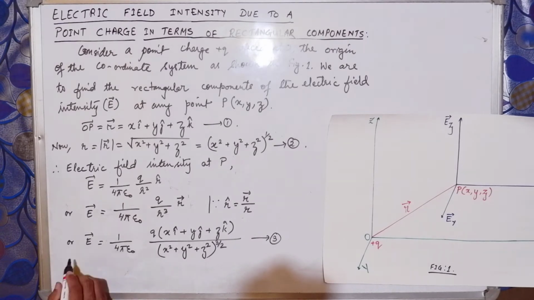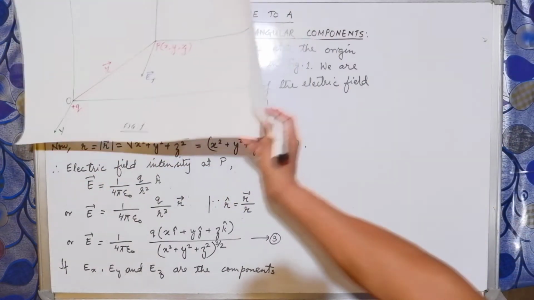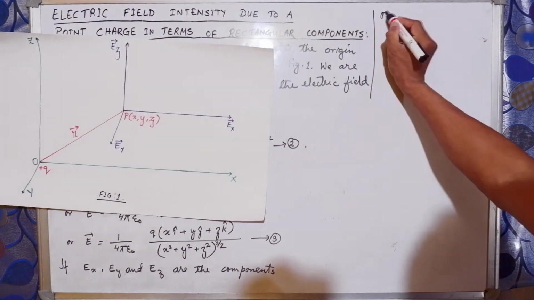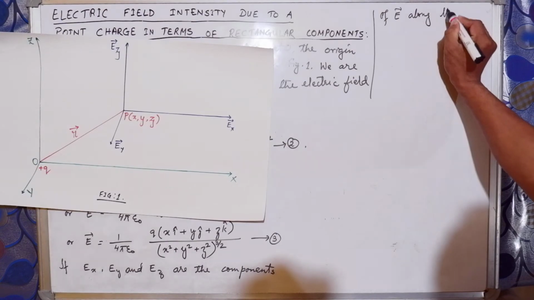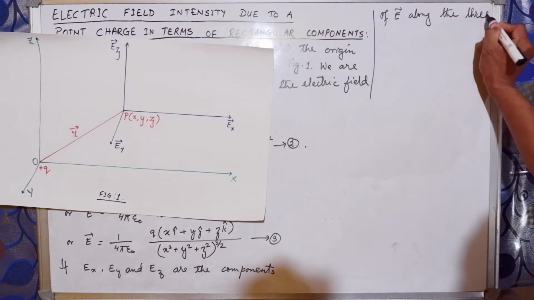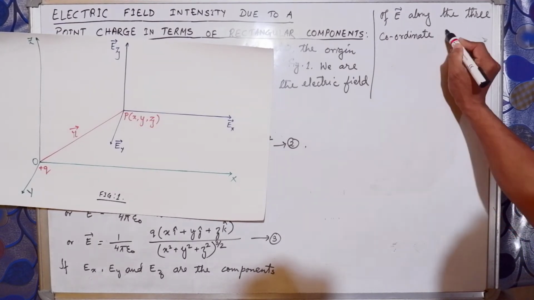Now suppose Ex, Ey, and Ez are the components of electric field E along the three coordinate axes.